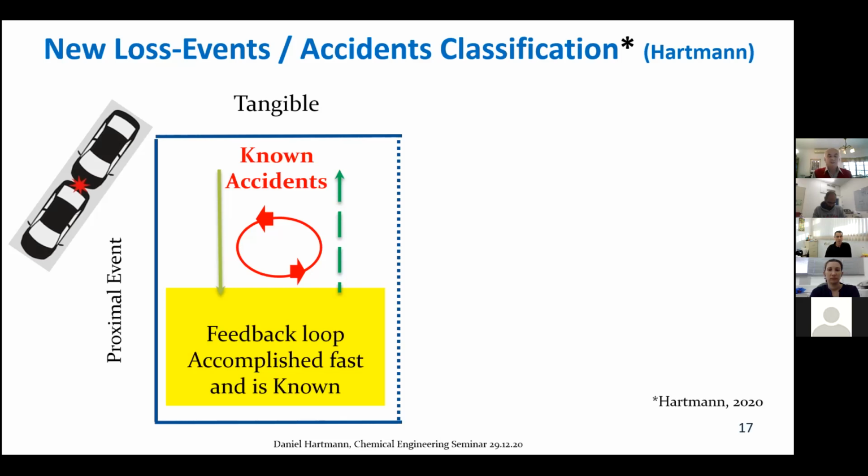We know that an airplane falls down because the engines are not working, it's an accident. So we call accident phenomena where the feedback loop is accomplished very fast, and we know the results of something that happened, of a process.